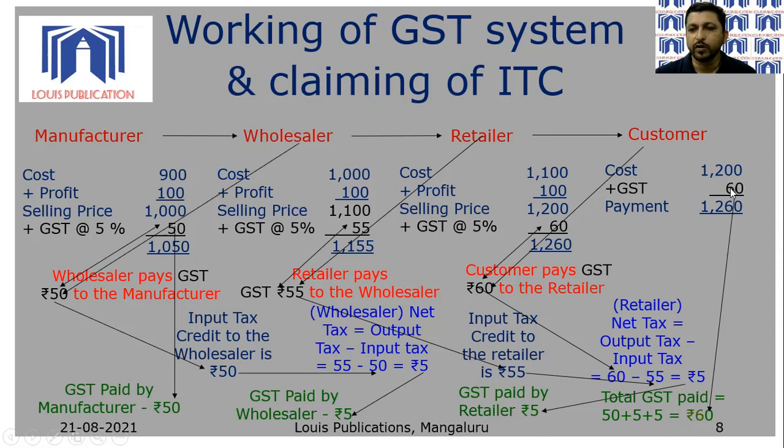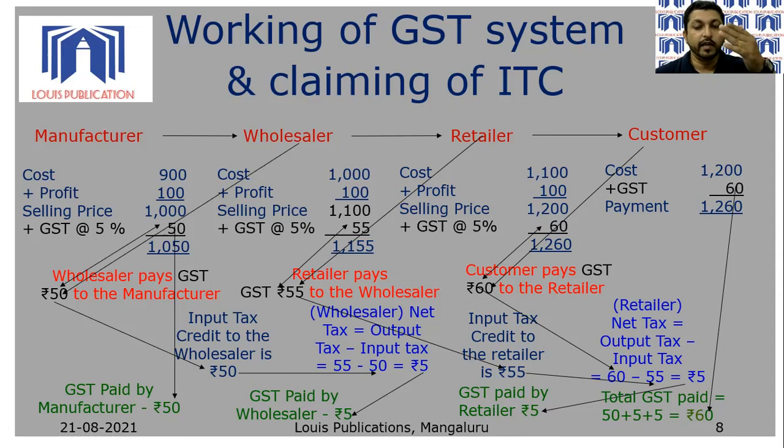And the retailer is going to collect the entire amount from the customer. So ultimately, we say it is the customer who is supposed to pay GST amount to the government. So though the customer doesn't pay directly to the government, a part of it is paid by wholesaler, part of it by retailer, part of it by manufacturer.